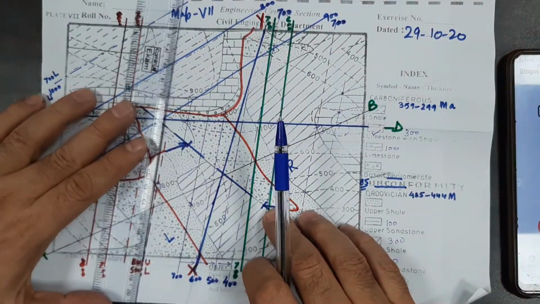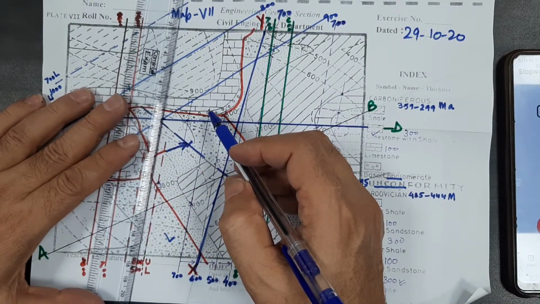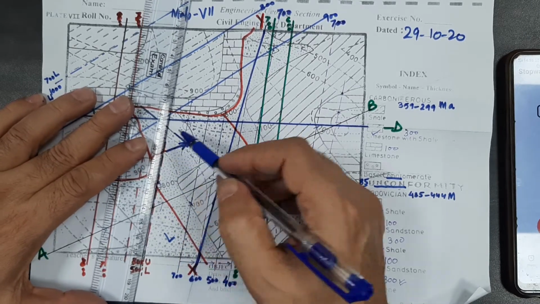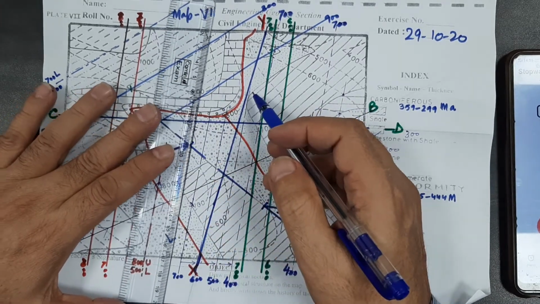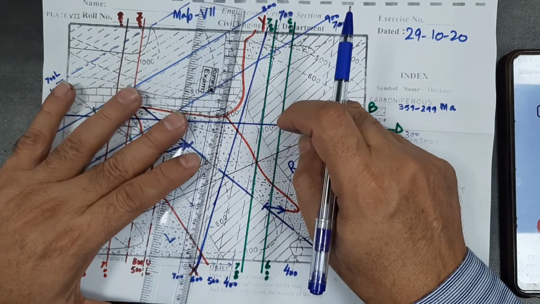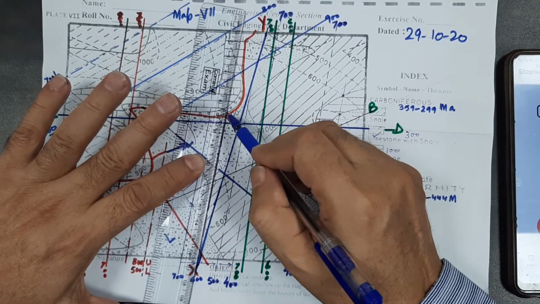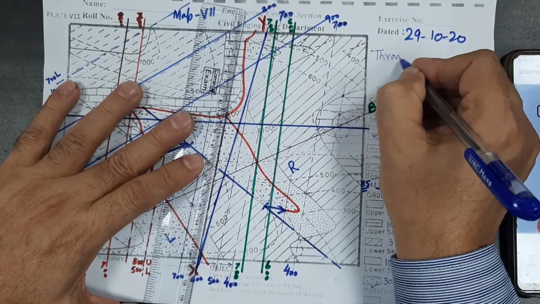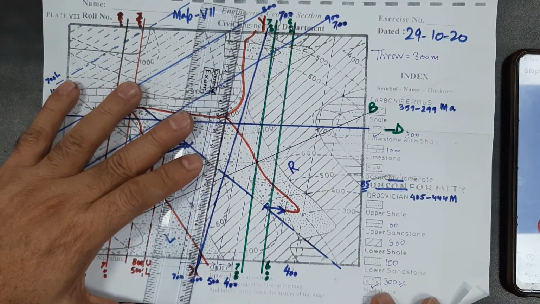So you see, this contact is at 800 meter here, the same contact is at 700 meter here, the same contact should be at 600 meter here, and the same contact should be at 500 meter here, where the same contact on the other side is at 800 meter. That means the throw of the fault is 300 meters.